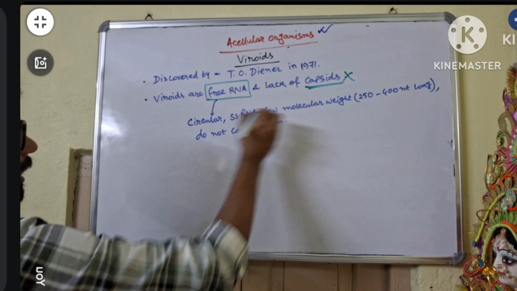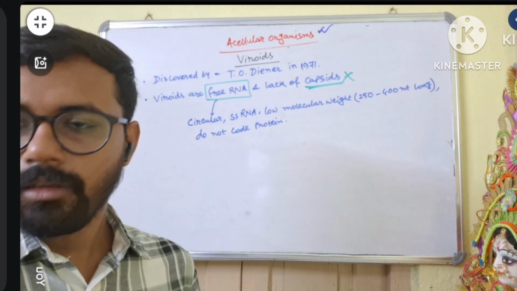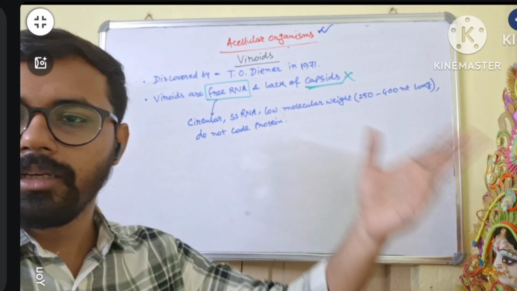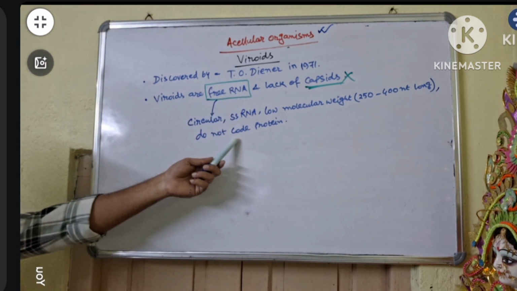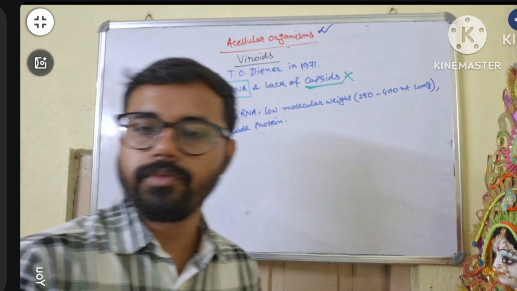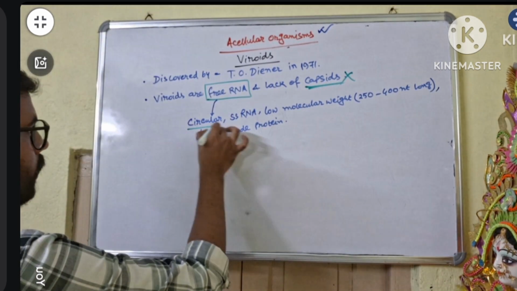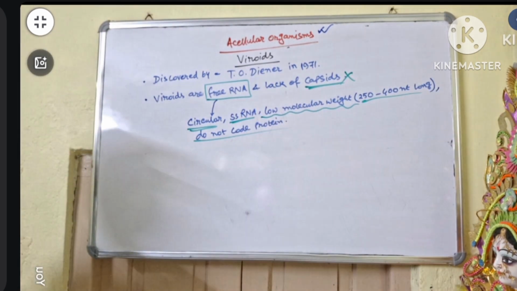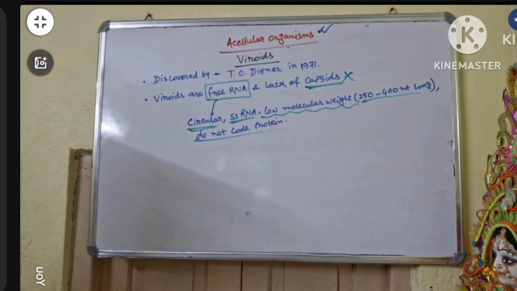Normally, the function of mRNA is to form protein, following the central dogma, entering the translation step. But the viroid RNA does not have any codon, so no protein is formed. So the features of viroid RNA are: circular, single strand, low molecular weight, and no codon, so it cannot enter protein formation.